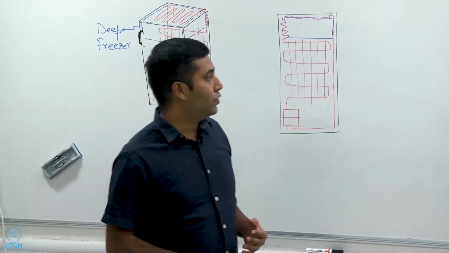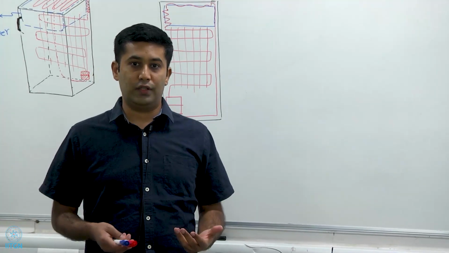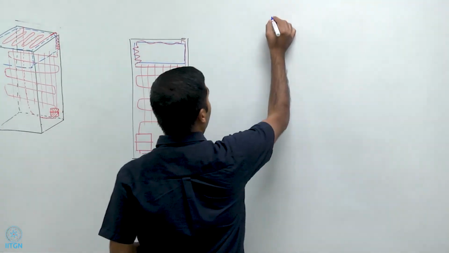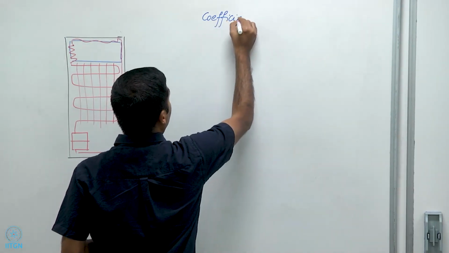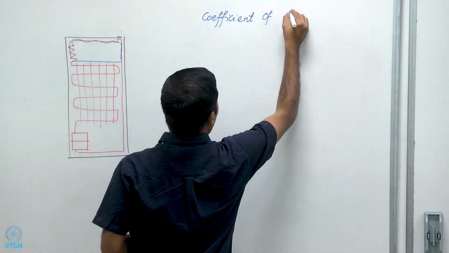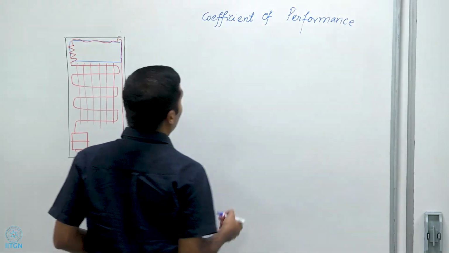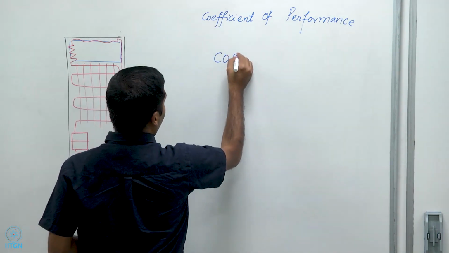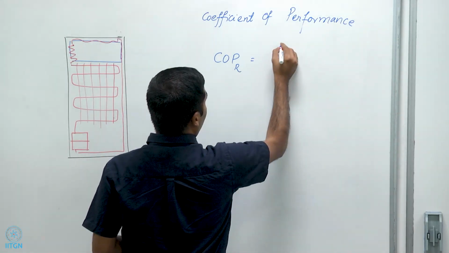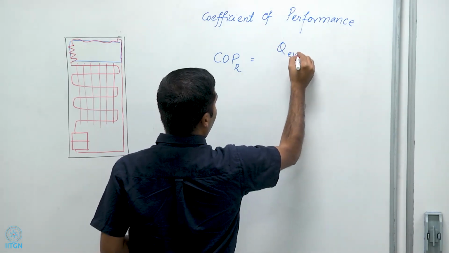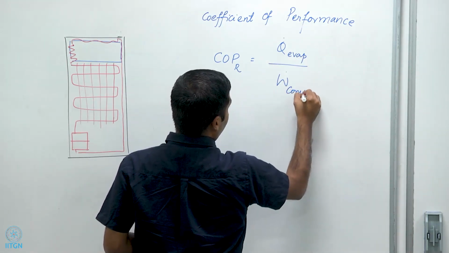Now let's look at how to calculate the COP of this particular refrigeration system. So we want to calculate the coefficient of performance. And we do know that the COP of a refrigerator is given by the rate of heat removal from the evaporator to the work input required at the compressor.